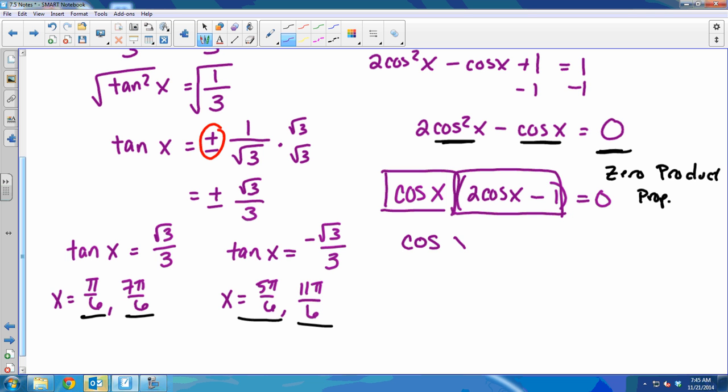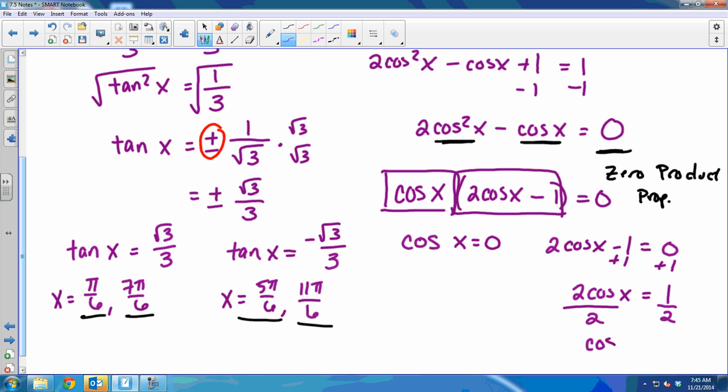So cosine x equals 0, and 2 cosine x minus 1 equals 0. Then we're just going to rewrite the second one. I'm going to add 1, so 2 cosine x equals 1. I'm going to divide by 2, so cosine x equals 1/2.